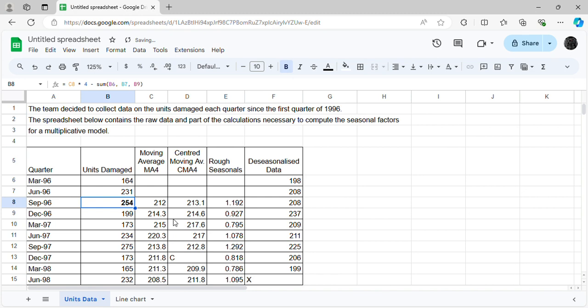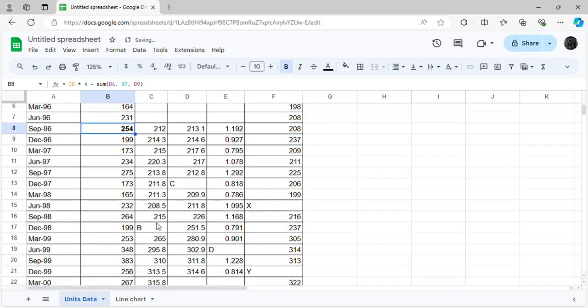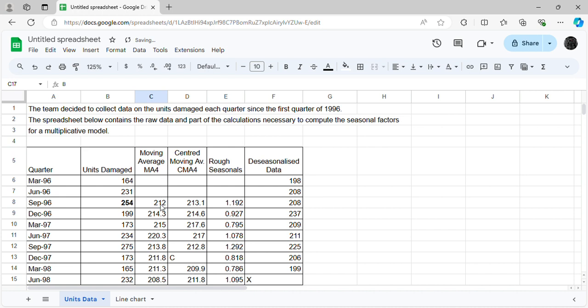And for B, the quarterly moving average is the two past quarters' values added to that particular quarter's value and one future value.